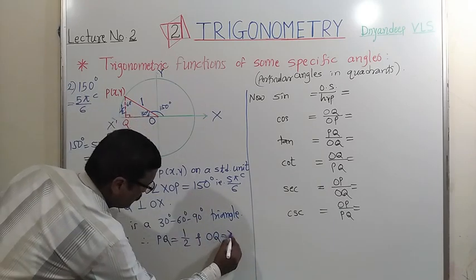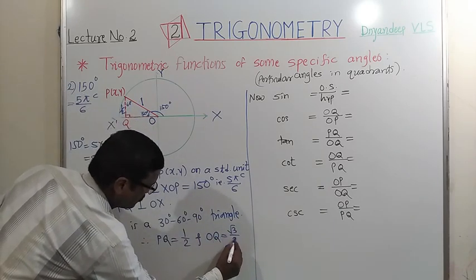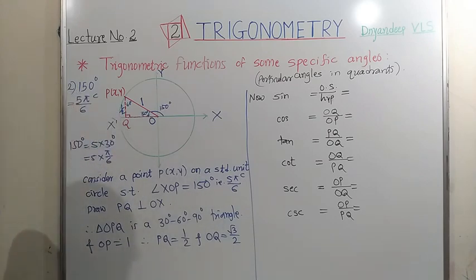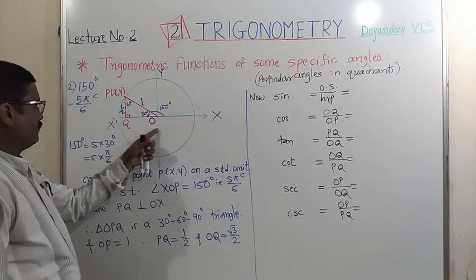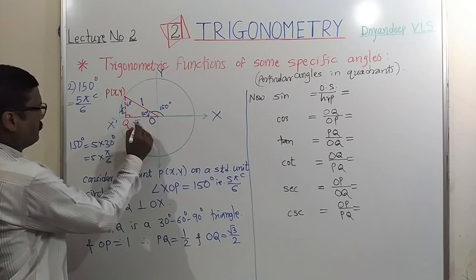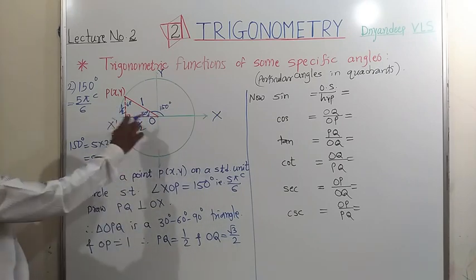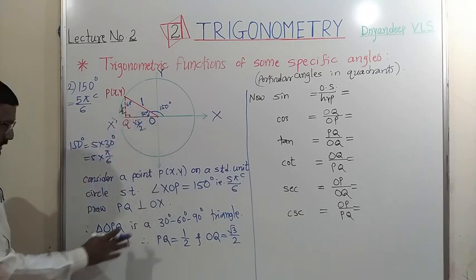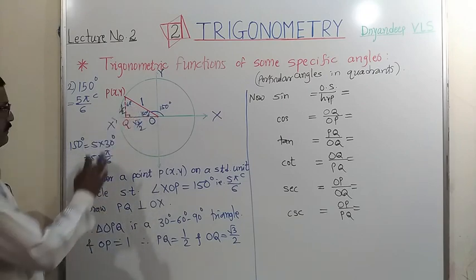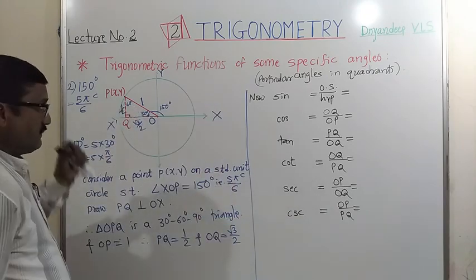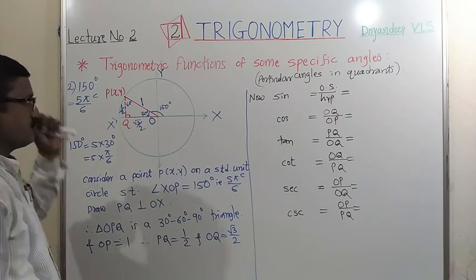It is root 3 upon 2 times the hypotenuse, and the hypotenuse is 1. That's why OQ is equal to root 3 upon 2. Okay. Now once again we get the 3 sides of the 30, 60, 90 degree triangle, so from that we can write all the trigonometric ratios.